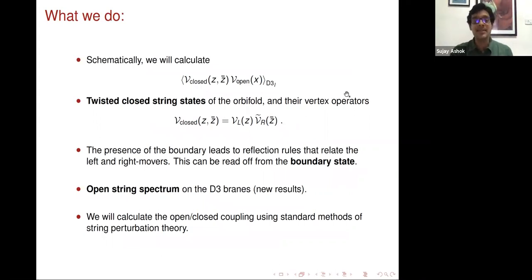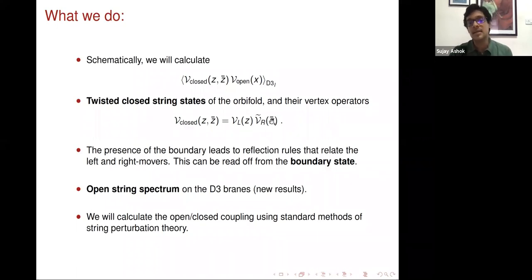Schematically, what we need to compute is this particular open-closed correlator. What we need are the following. First of all, we need the spectrum of closed string states of the orbifold. This is well known for almost 30 years now, so I'll just review this, especially the twisted sectors that we will need.